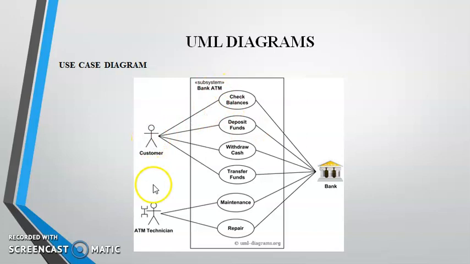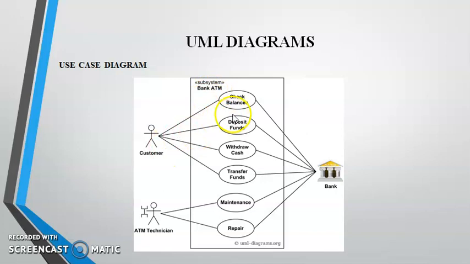Here, these are all the actors: customer, ATM technician, bank. These three are all actors. And this line represents the relationships, and these are all the use cases. Here the customer can check balances using the bank ATM.